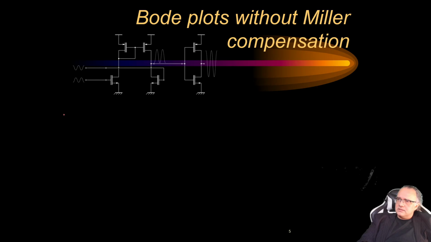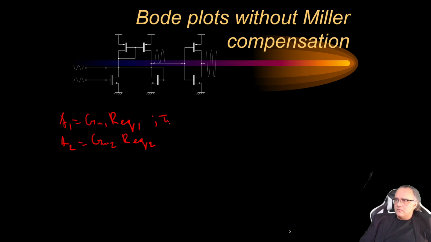Alright, so first let's write down the gains. A1 is gm1 R equivalent 1, A2 is gm2 R equivalent 2, and now we have the time constants.